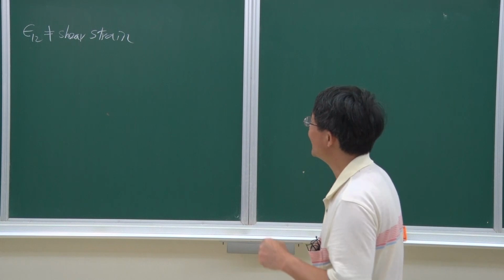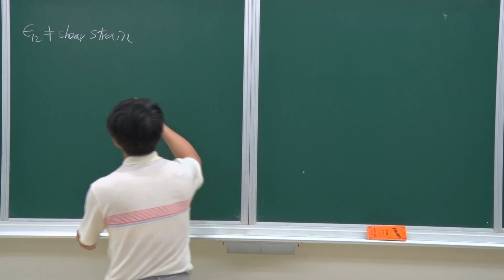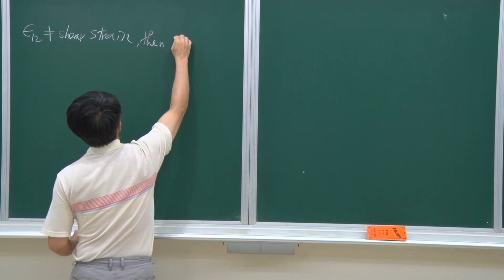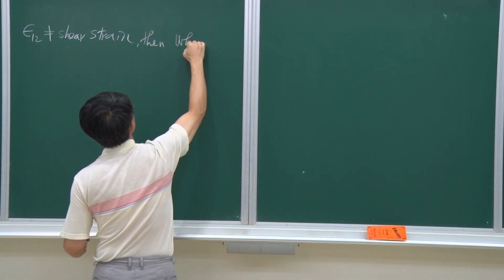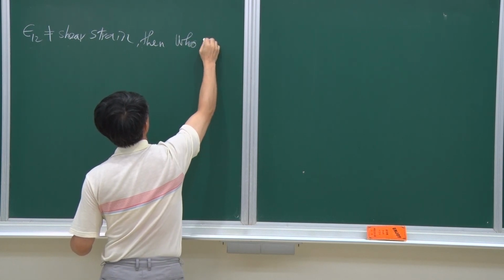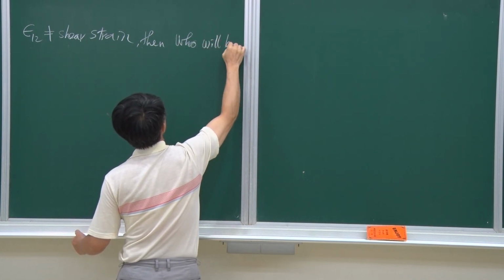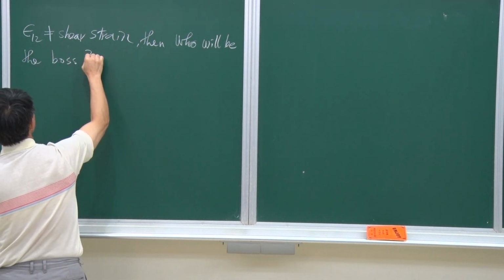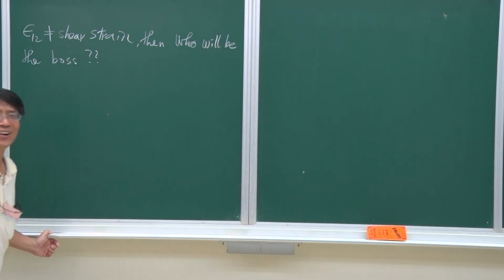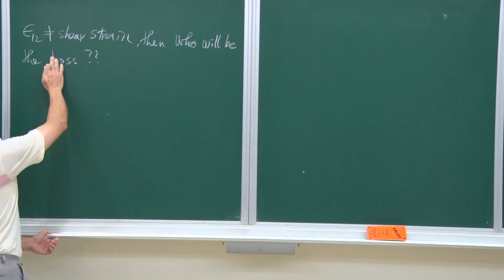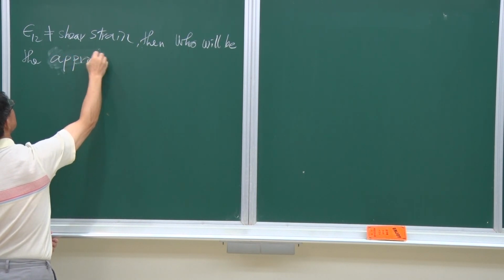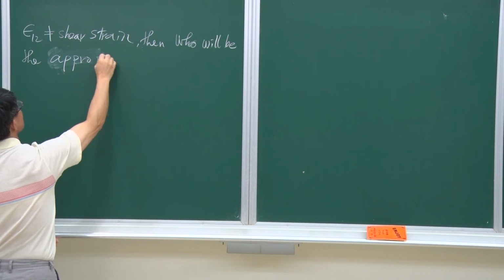Okay, so F12 is not the shear strength. Then who will be the boss? Or who will be the appropriate one?